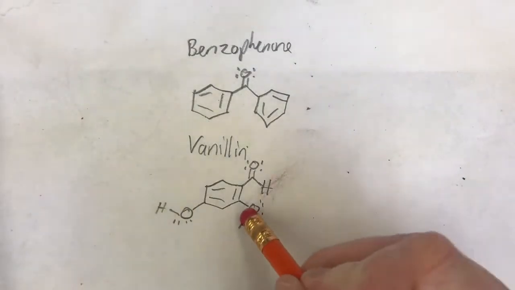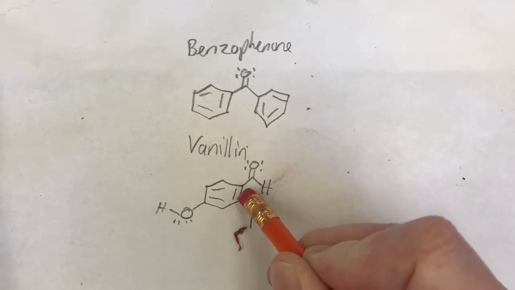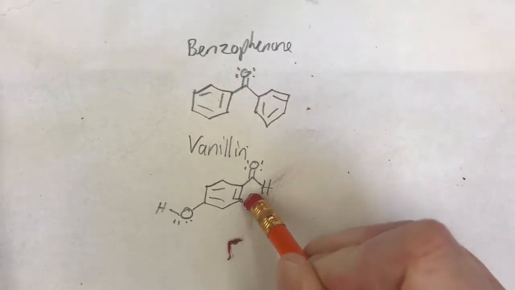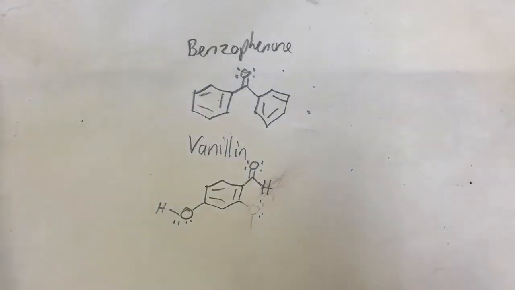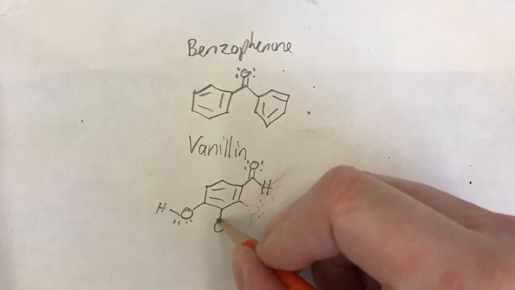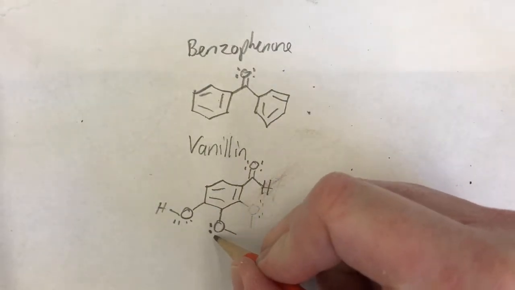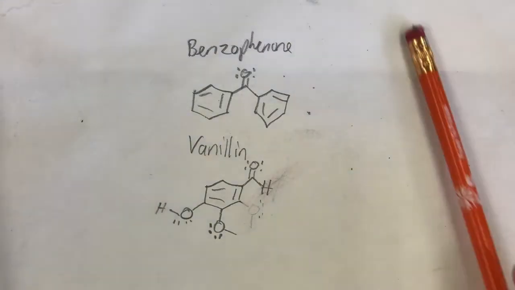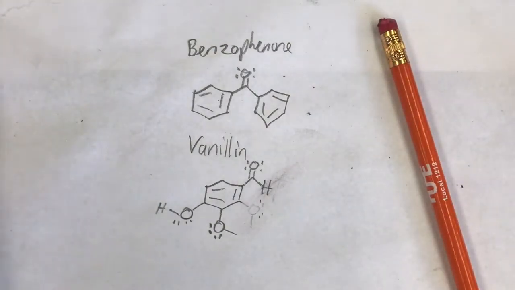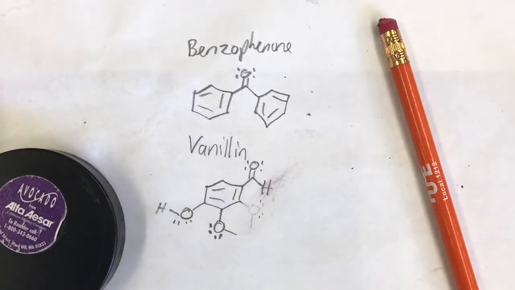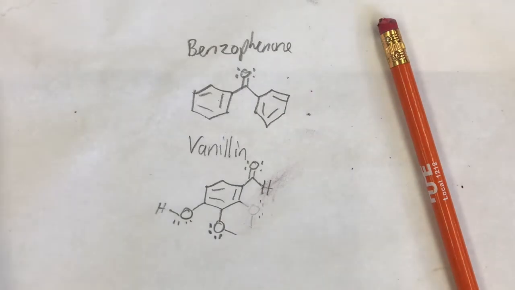It is a benzaldehyde. It does have the para-hydroxy, but it's not ortho-methoxy. It's meta-methoxy over here. So that's vanillin. And it actually smells nice. It's the principal component in vanilla extract. It feels like you're baking a vanilla cake or something.